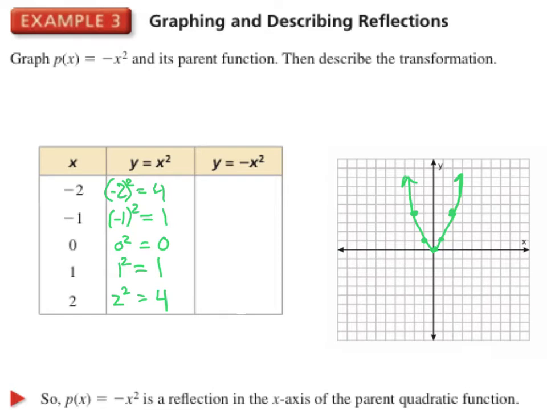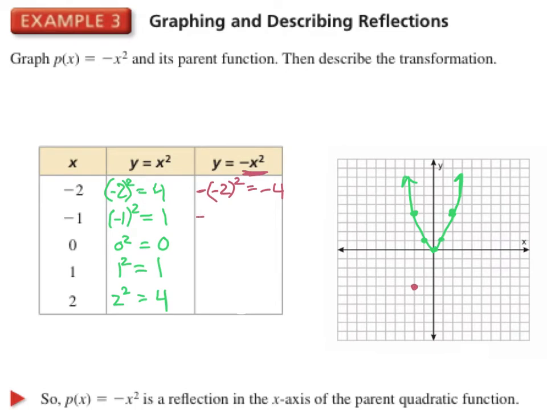Now we're going to graph our p of x is equal to -x squared. So we're going to plug in the same numbers. But now we have this negative that's outside of our exponent. So we have negative times -2 squared. -4, awesome. So we're going to go to the left 2 and down 4.